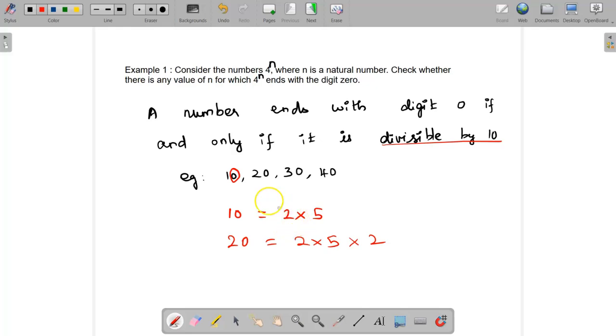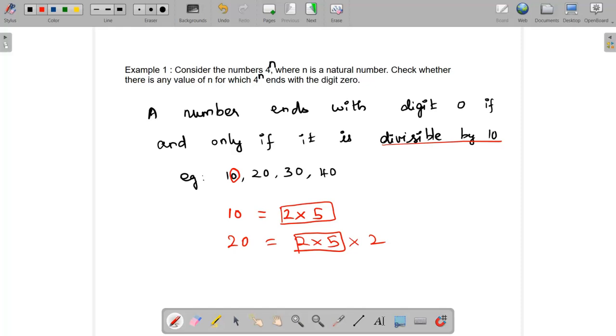So any number which is divisible by 10 must have the prime factors 2 as well as 5.